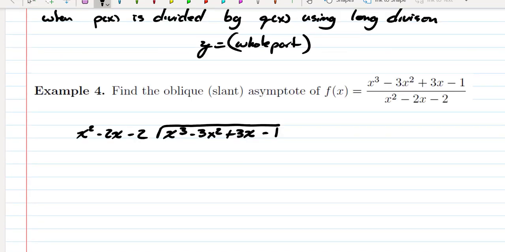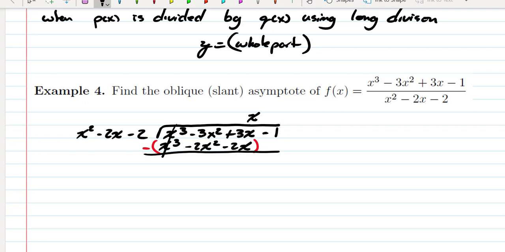We need to do our long division. So how many times does x go into x cubed? Well, that's x squared. x times x squared is x cubed. And x times negative 2x is negative 2x squared. x times negative 2 is negative 2x. And then I subtract. Our x cubes reduce out.